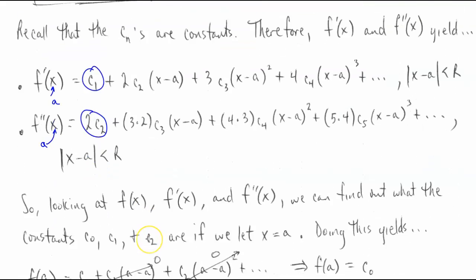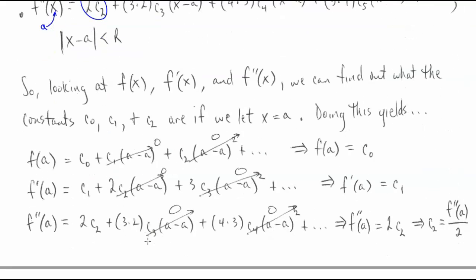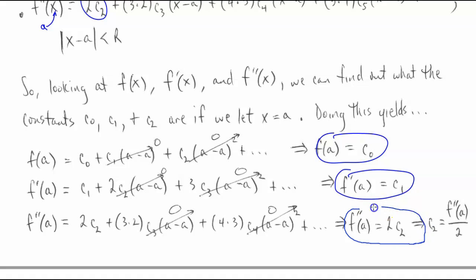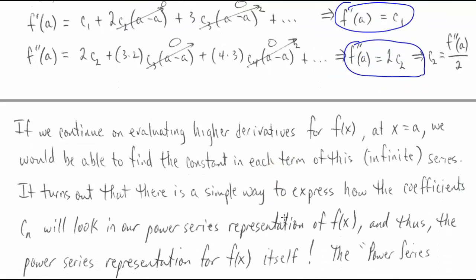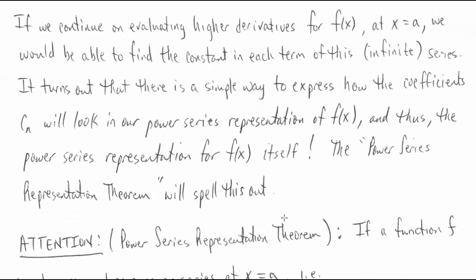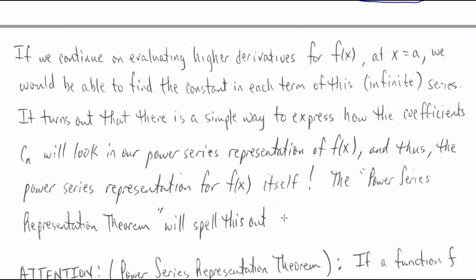If we keep doing that for f of a, f prime of a, f double prime of a, we start to see a pattern happen. It turns out that pattern will end up being that we have some c sub n, and we'll see this later, but I'm going to say it now.